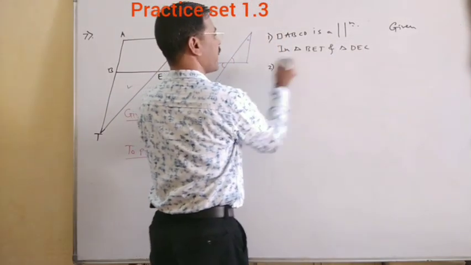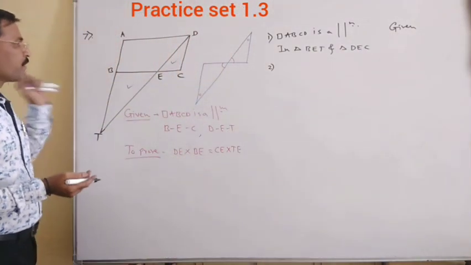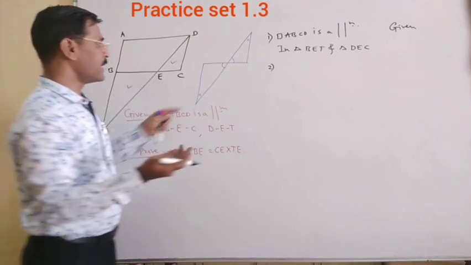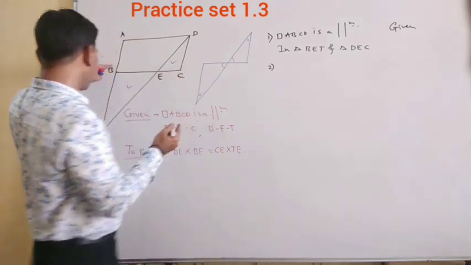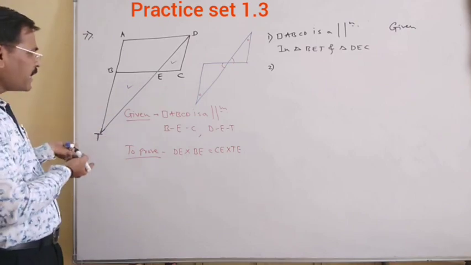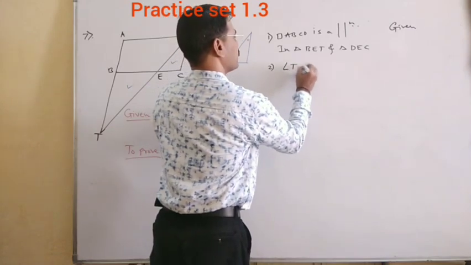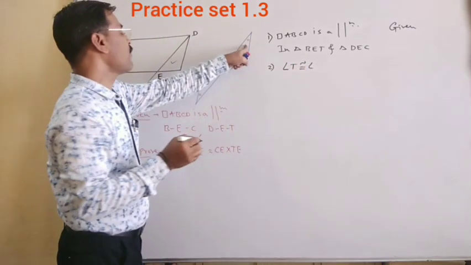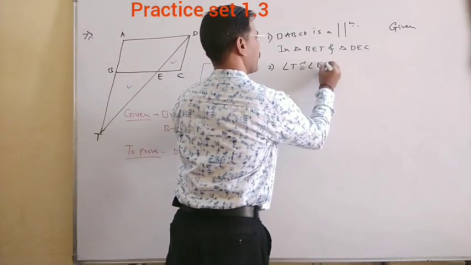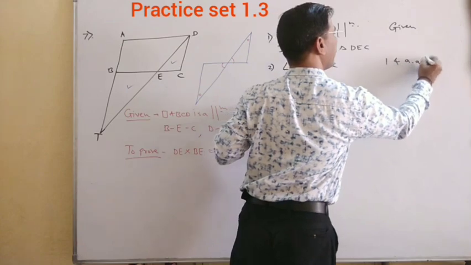Now by which test are we going to prove these two triangles similar? Again by AA test. First of all I will write alternate angle BTE, or you may write it by one letter also because angle T is angle T only. But on this side we have to write the angle by three letters, EDC. This is from 1 and the alternate angle test.